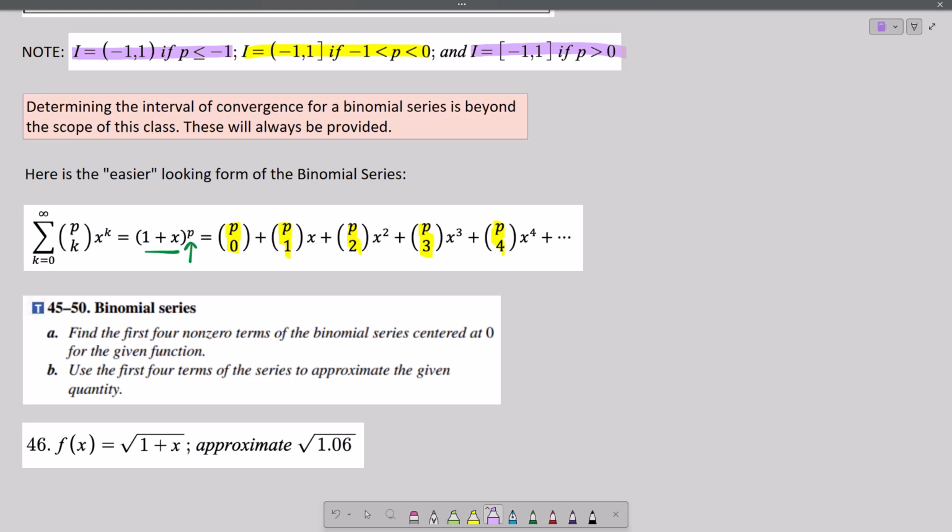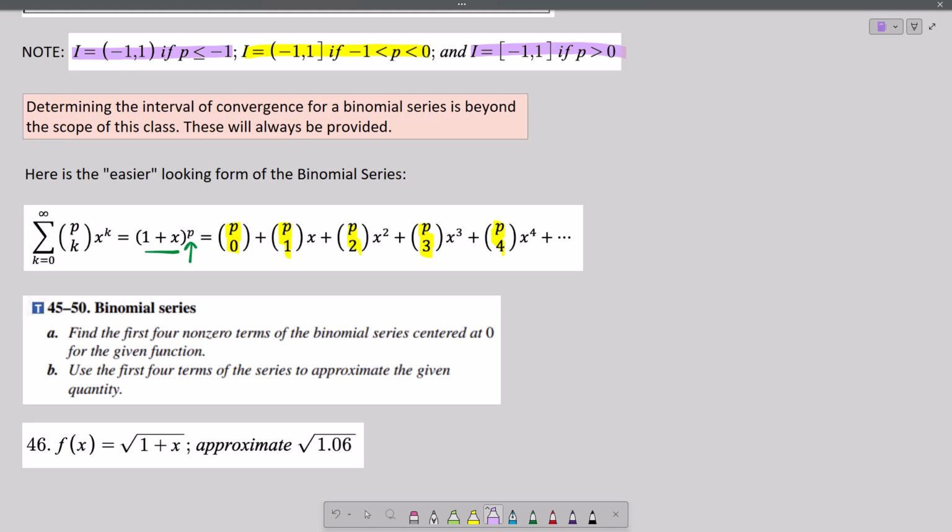So those are our 3 possible intervals of convergence. They all have goalposts, -1 to 1. Less than or equal to -1, everything is open. If you're between -1 and 0, you get a closed on the right. And if we are greater than 0, we get closed on both sides.